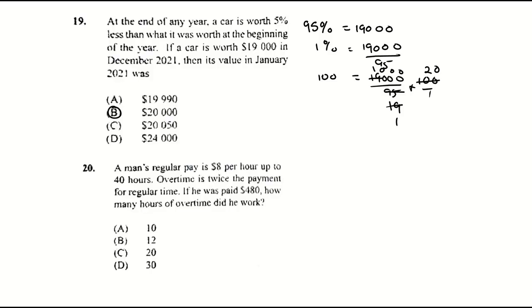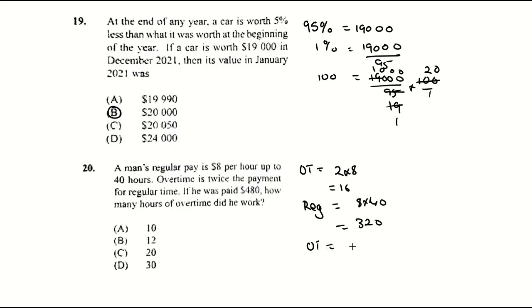A man's regular pay is $8 per hour up to 40 hours. Overtime is twice the payment of regular time. If he is paid 480, how many hours of overtime? So let's find his overtime, which is paid twice the amount. So that's 2 by 8 is $16. Right? We know that his regular, or basic, wage would be 8 by 40, which is 320.